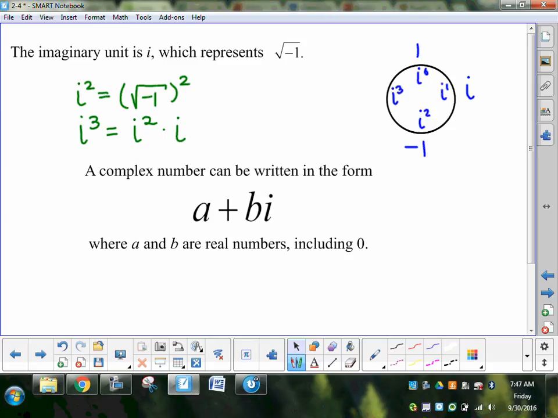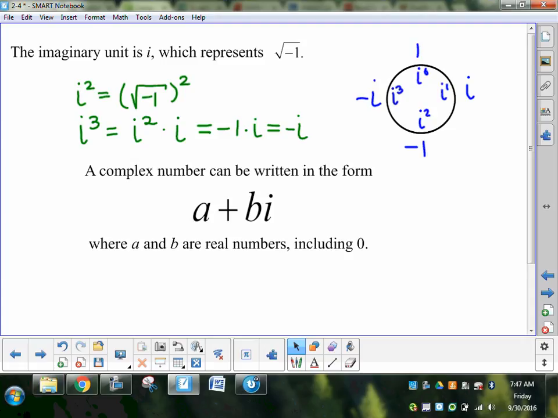You literally just did it. i squared is -1, so this is -1 times i, which would be -i.